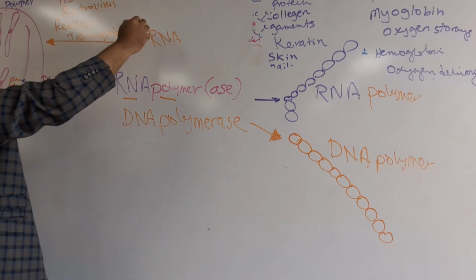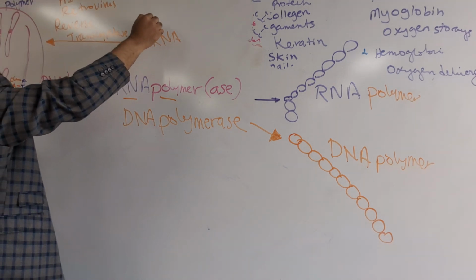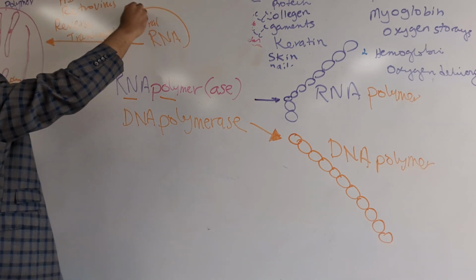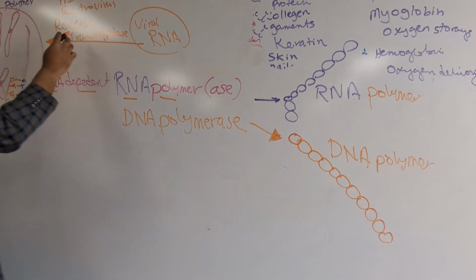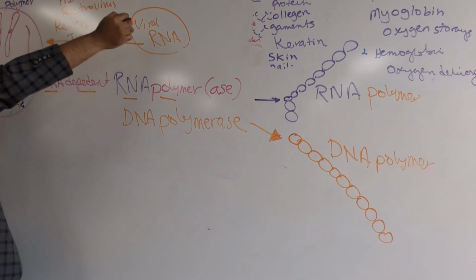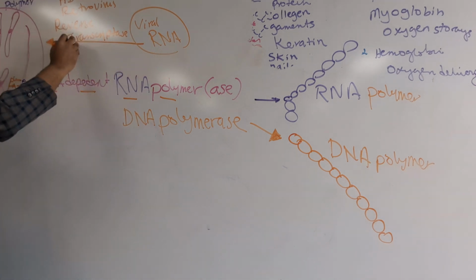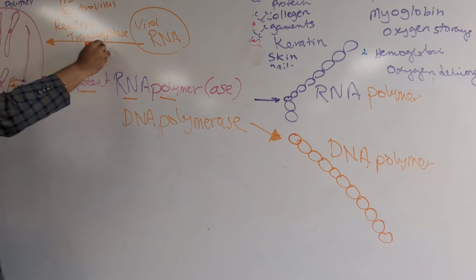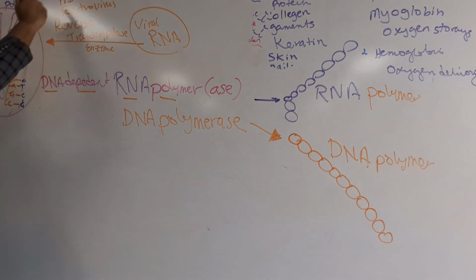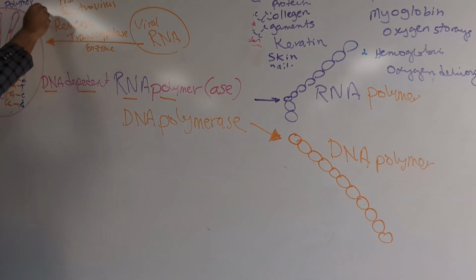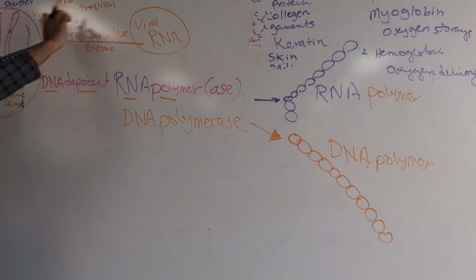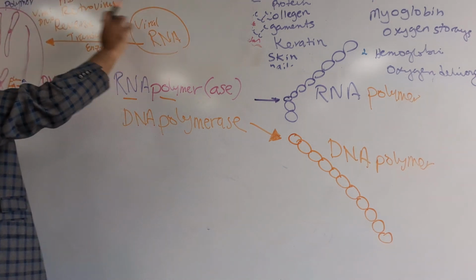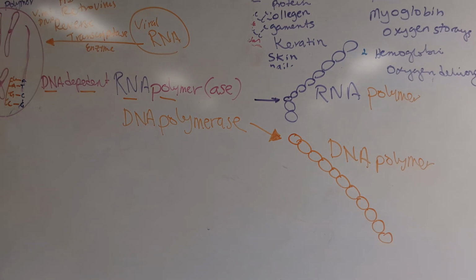So the virus has viral RNA, and it's going to use the viral RNA and the reverse transcriptase enzyme that it has to generate viral DNA, then use the human ribosome to translate that viral DNA.